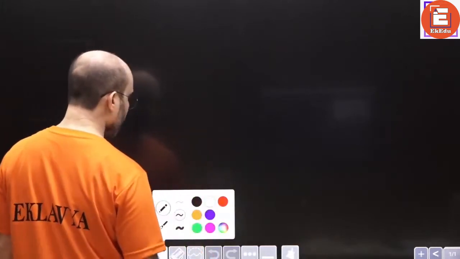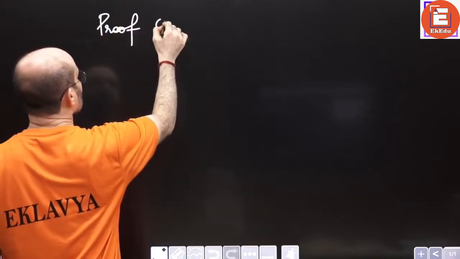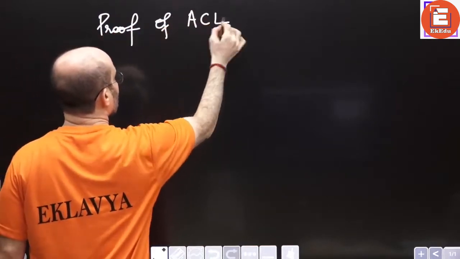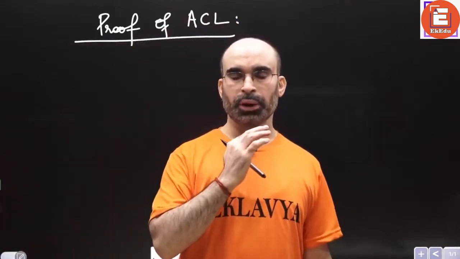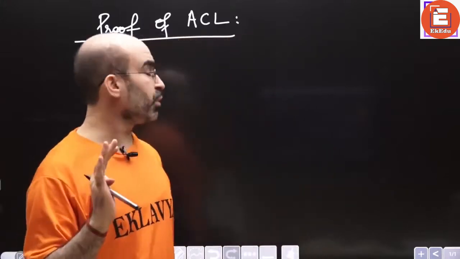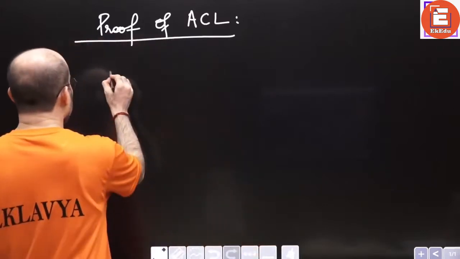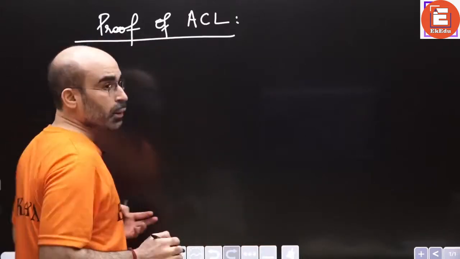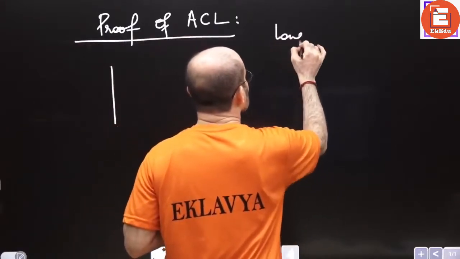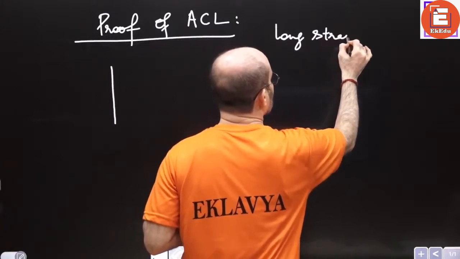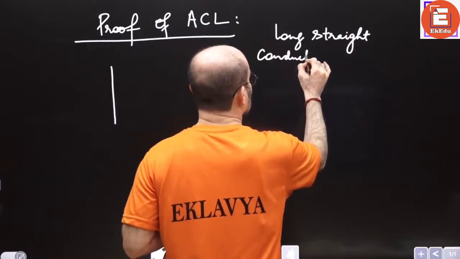So, proof of ACL, that is, Ampere Circuital law. This one is very simple. Be very attentive, you would enjoy it. Okay, so you have one long straight conductor or wire, whatever you say.